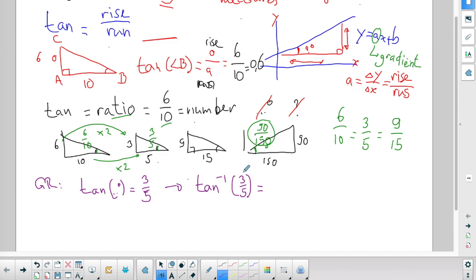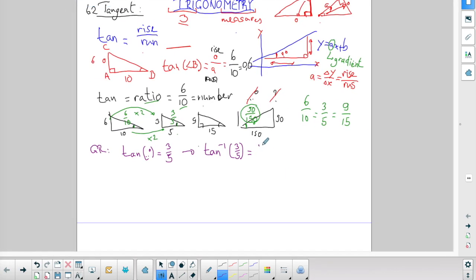So you go to 3 divided by 5, and you see that the angle is 30.96 degrees, or 31 degrees. So if I calculate the tangent of 31 degrees, try it on your calculator, you will see that you'll get about 0.6, or approximately 0.6.